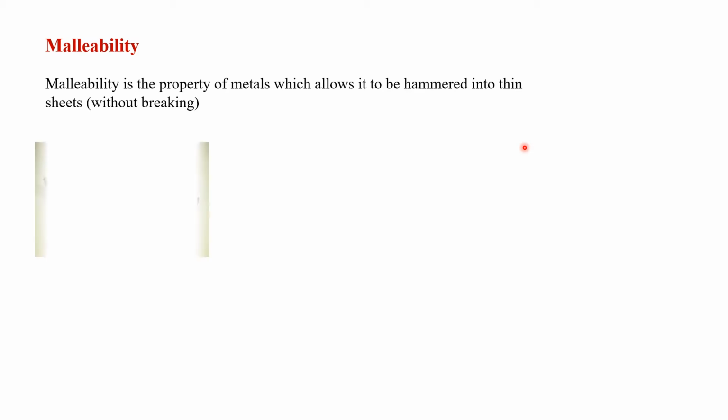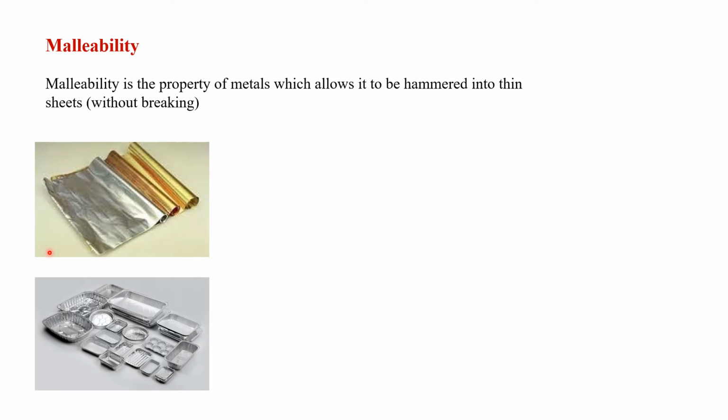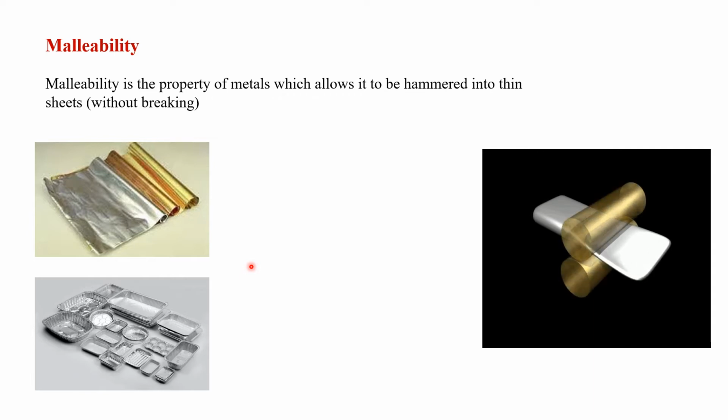And you can see these foils. These are silver and gold foils, and this is aluminum foil. It is very popular to preserve and carry our food. Look at this animated picture.